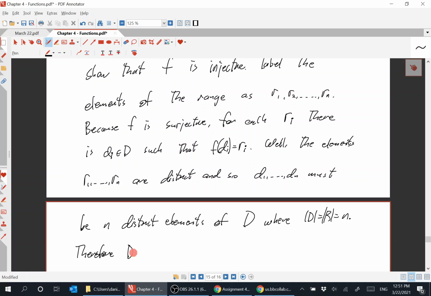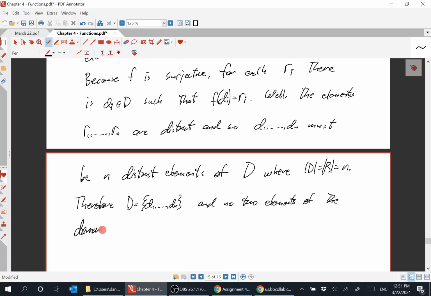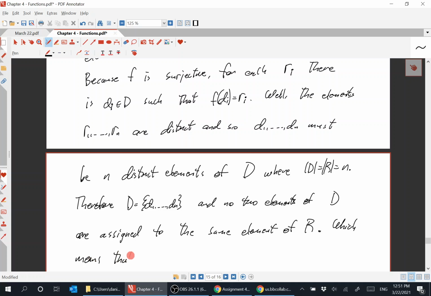Therefore, okay, the domain is equal to D1 to Dn, and no two elements of the domain, no two elements of D are assigned to the same element of R, which means that f is injective. Right?